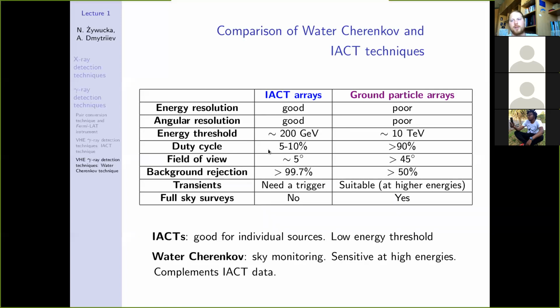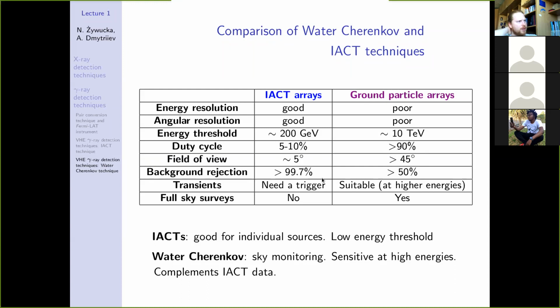For IACT arrays, a very, very poor duty cycle: only 5–10% of the entire time can you look at your source. For ground particle arrays, it exceeds 90%, so you have an excellent duty cycle. The field of view for IACT arrays is very narrow, one source at a time, while for ground particle arrays it's 45 degrees, so you can see and measure many sources at once.